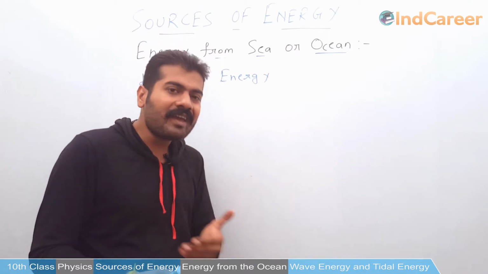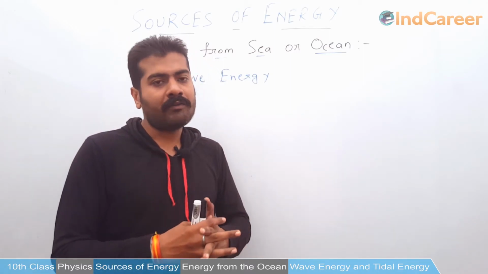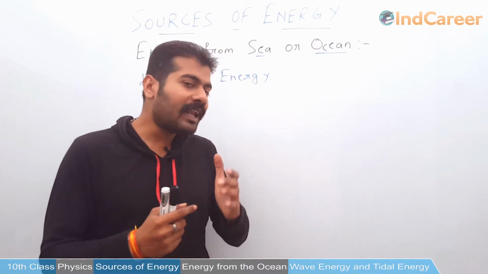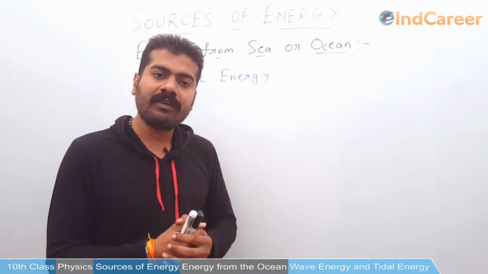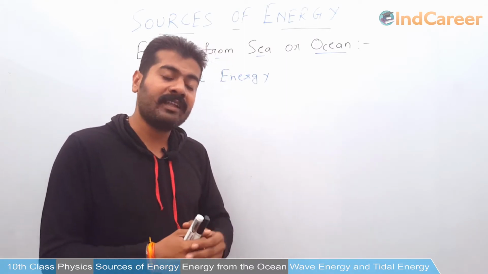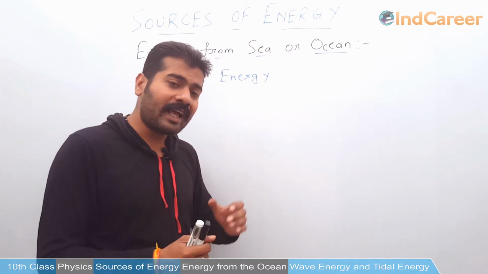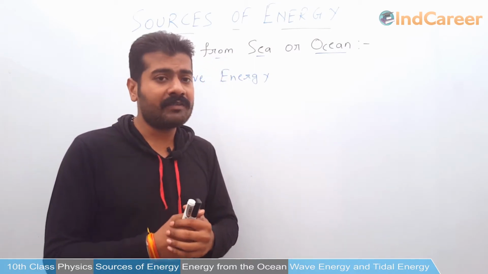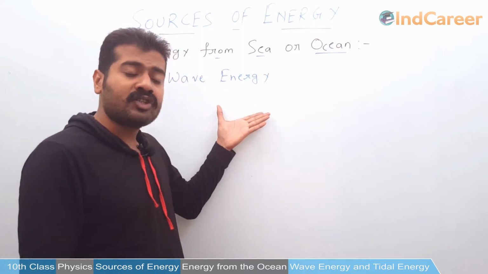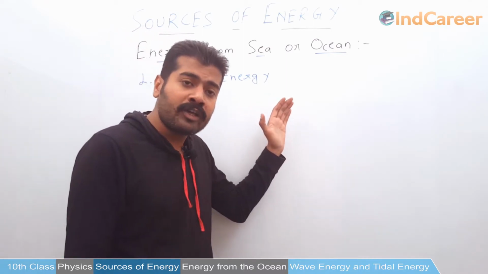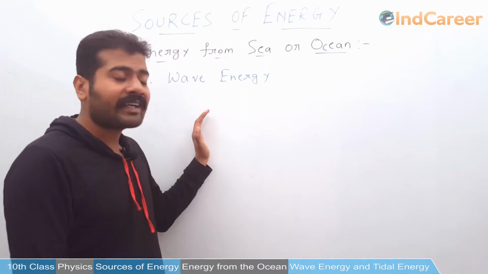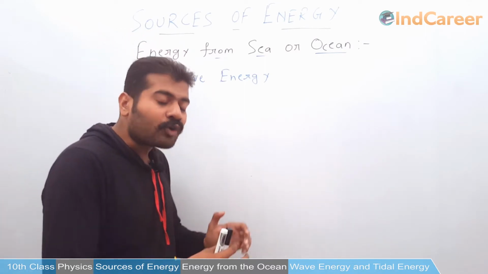These waves have so much kinetic energy. Can we utilize that kinetic energy of the water in the form of waves? Utilizing that kinetic energy of the waves is called wave energy, and what we are going to do is utilize that kinetic energy of water to rotate the turbine.